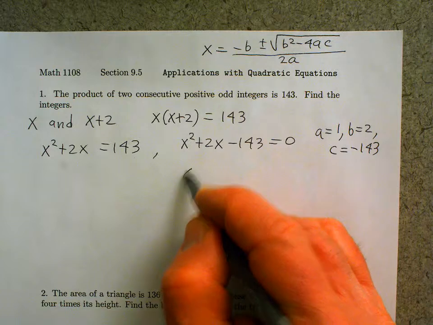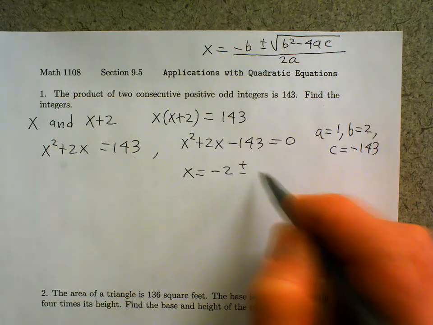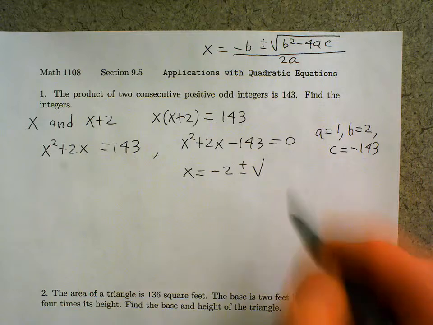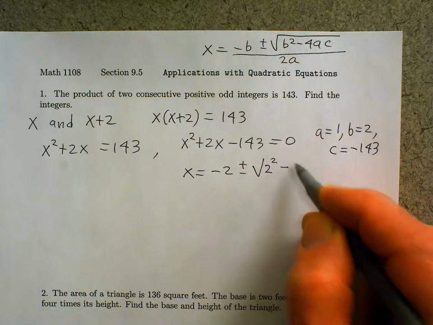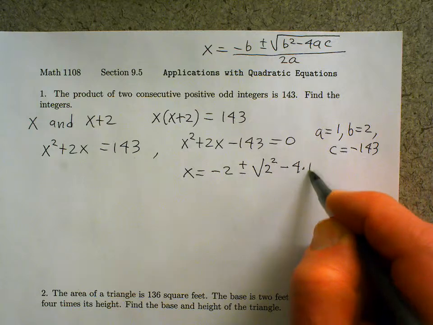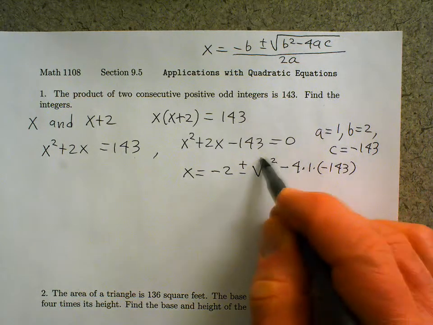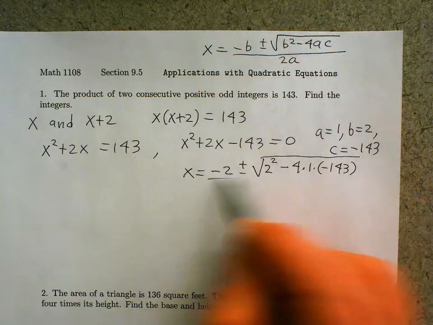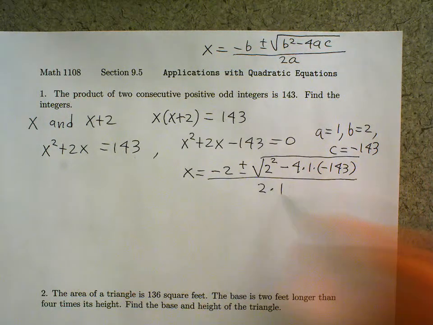So here we get x equals negative 2 plus or minus the square root of 2 squared minus 4 times 1 times negative 143, all divided by 2 times 1.